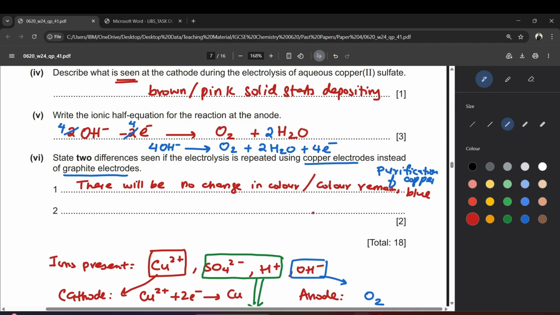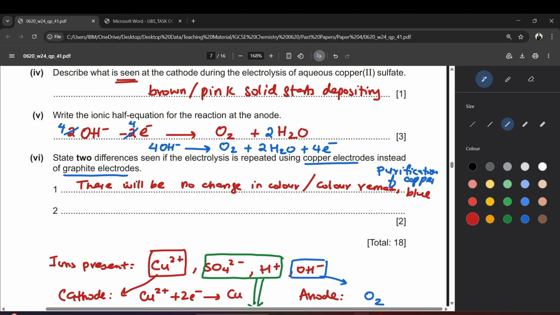The second difference that we can see, so we also know from the understanding that the anode is the one that has impure copper attached to it. So when the pure copper atoms start to move away from it, it starts to lose those copper atoms. So what happens? It becomes thinner and thinner until it completely dissolves.